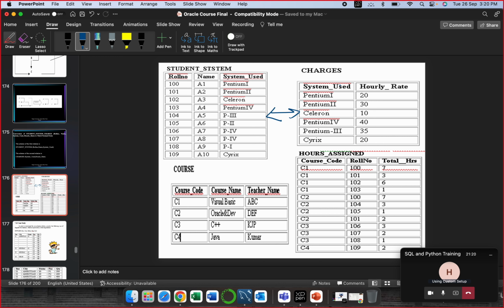So over here, in this charges table, system used is my primary key. Over here in this table, roll number becomes my primary key. Over here, course code is my primary key.